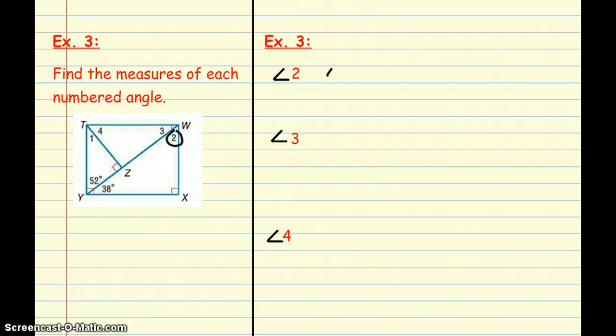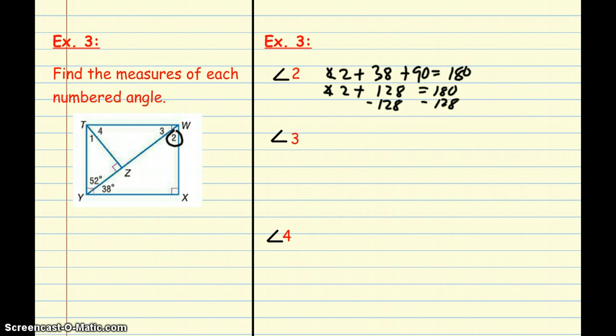We know that angle 2 plus that 38-degree angle plus 90 is going to equal 180, the sum of the angles. So angle 2 plus 128 equals 180, minus 128, so angle 2 is equal to 52 degrees. So this is 52 degrees.